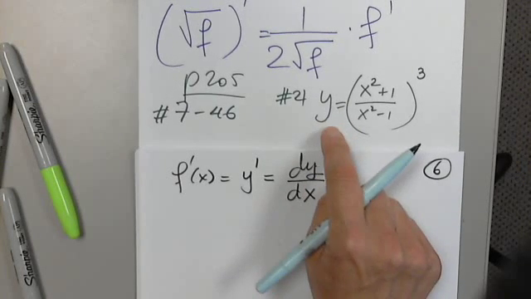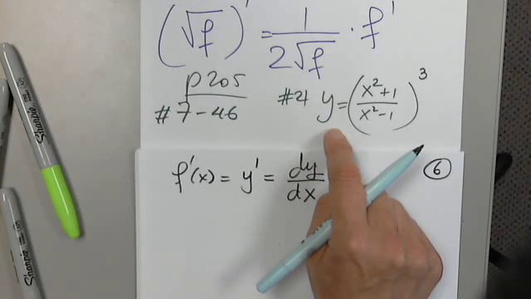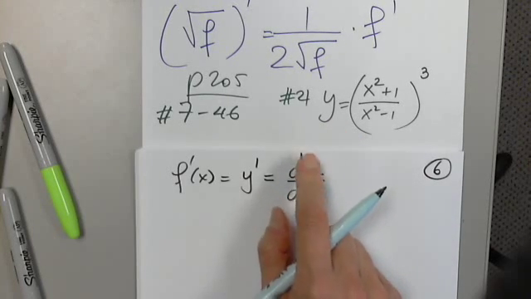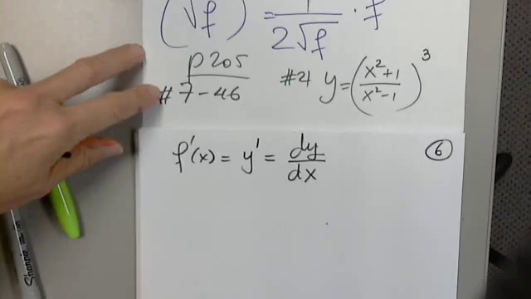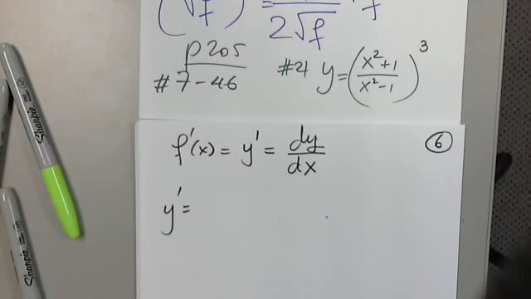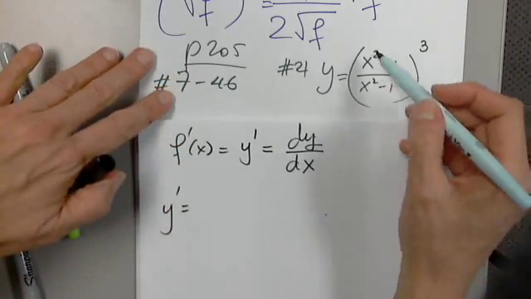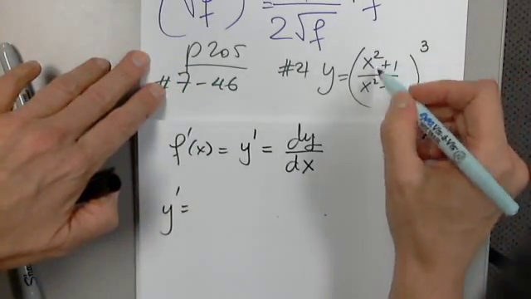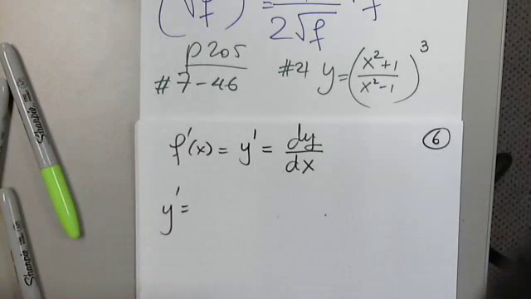This notation here is not necessarily useful. In the next section, however, this is extremely important. Okay? So I don't have to do this right now, so we can write y prime. y prime means this differentiated. So this is a function raised to the 3rd power. So it's a combo of the chain rule and the power rule.